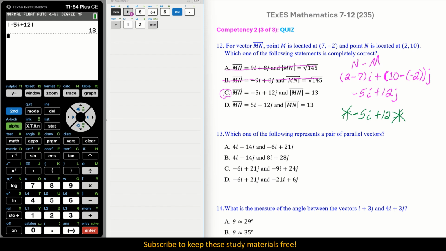Which one of the following represents a pair of parallel vectors? Okay. By definition, parallel means that these items have the same slope. And to get the slope, we need the rise over the run, meaning we need a y value over the x.